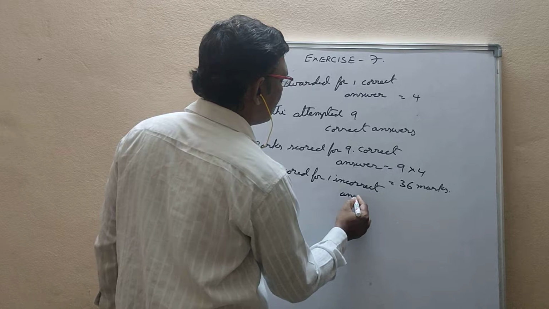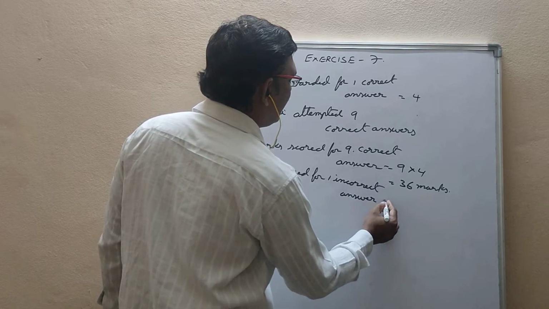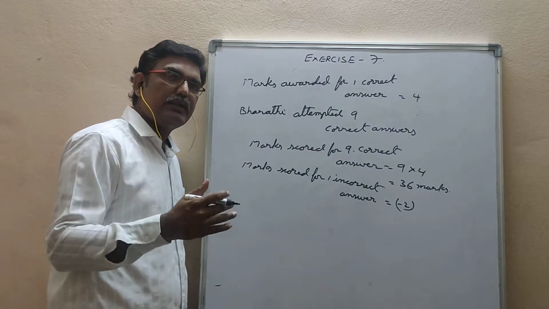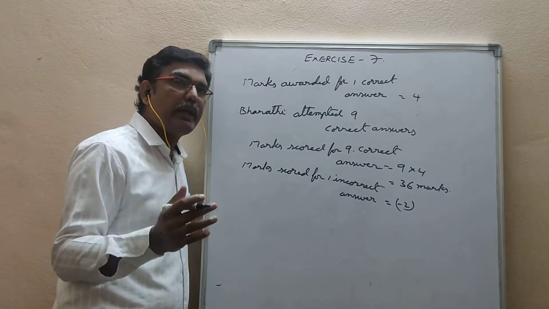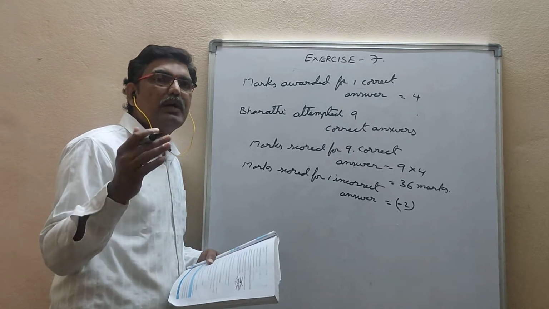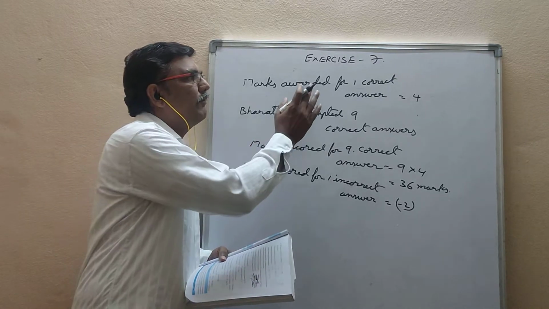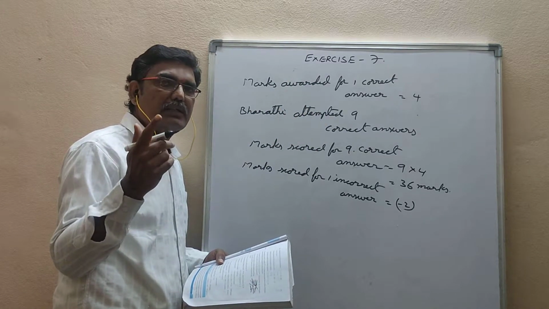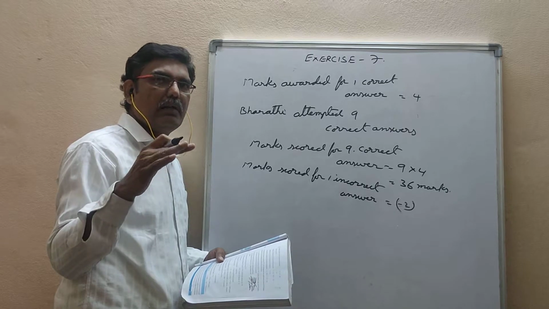For one incorrect answer, minus 2 marks. Minus 2 means you have to do subtraction. Plus means you have to do addition. Minus means 2 marks, they will lose. If for one correct answer, 4 marks will come, for one incorrect answer, 2 marks will be lost.